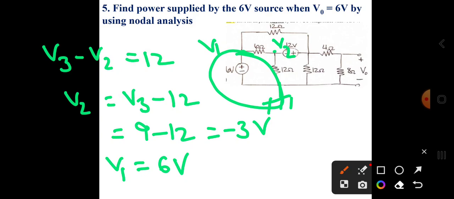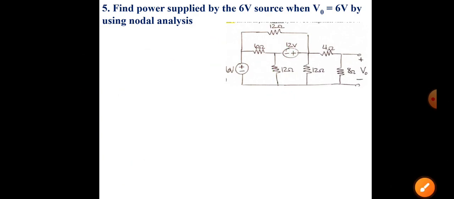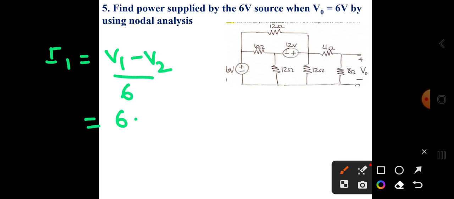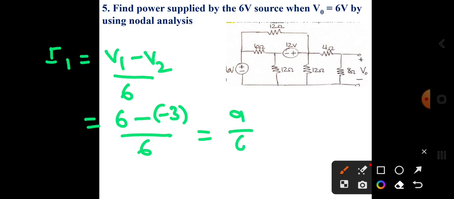So then what is I1 here? I1 is equal to V1 minus V2 by 6. V1 is 6, V2 is minus 3, by 6. Therefore it is 9 by 6, hence it is 1.5 amperes. I have I1.